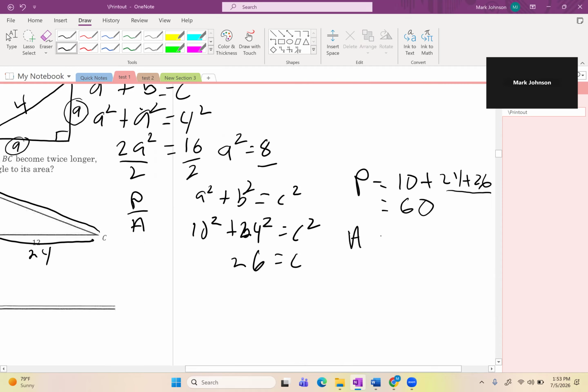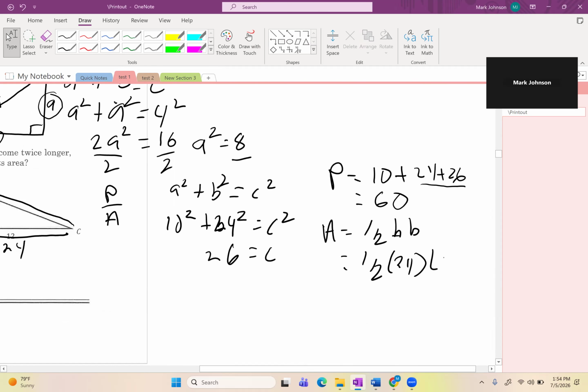El área is 1/2 the base times the height. So the base is 24 and the height is 10. And so that's equal to 120.